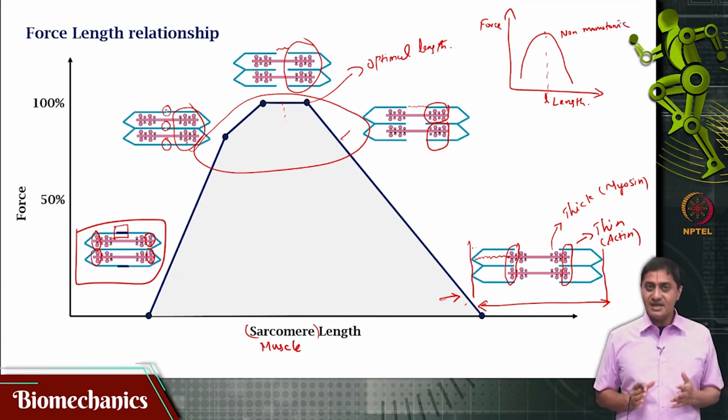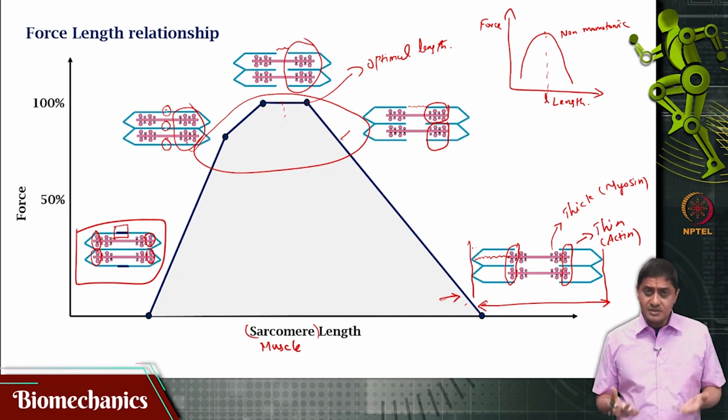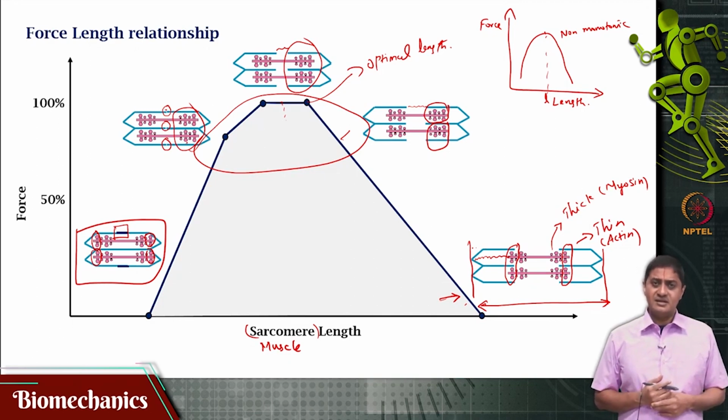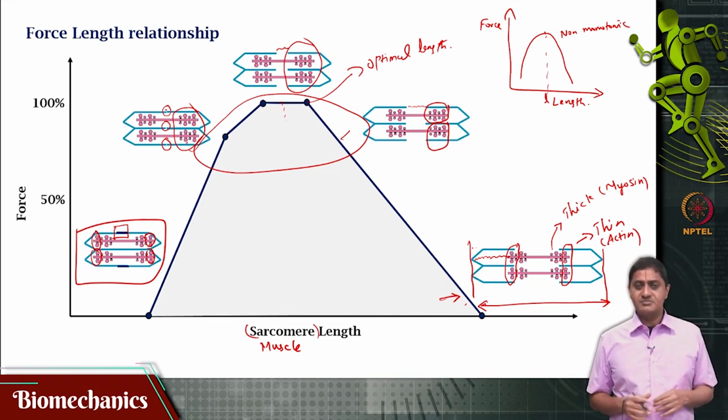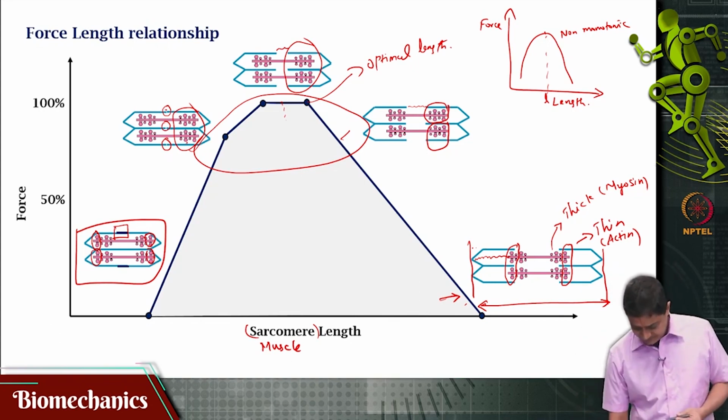This is the active force that is produced. Active force is that force that is produced by the muscle through a neural command, or whenever a neuron gives the command, the force produced in the muscle is the active force. This is the non-monotonic relationship between force and length for the active muscle.